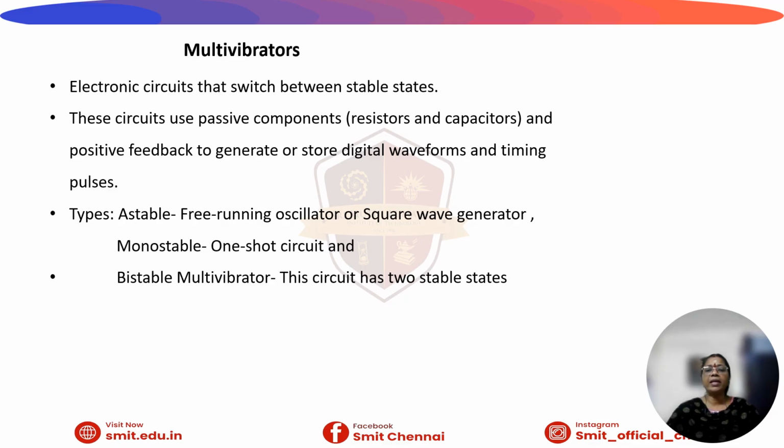There are three main types of multivibrators: astable multivibrator, which is a free running square wave, and monostable, which is one stable state generating a single pulse, and it is also called as one shot circuit, and another one bistable multivibrator, which has two stable states acting as flip-flop. These circuits use passive components, resistors and capacitors, and positive feedback to generate or store digital waveform and timing pulses.